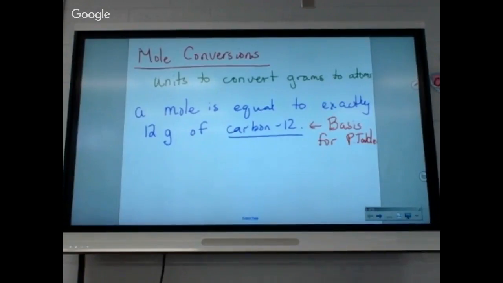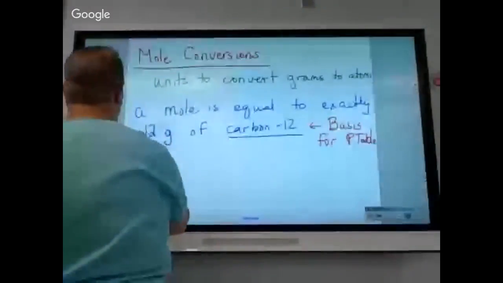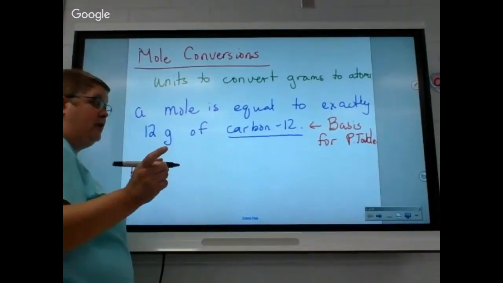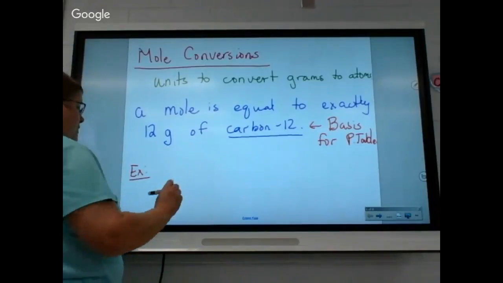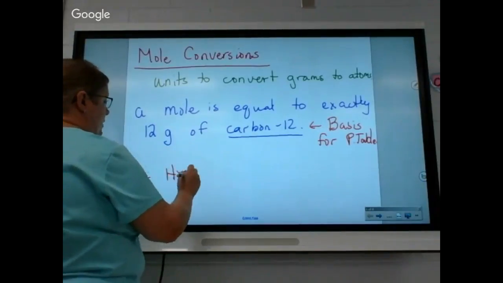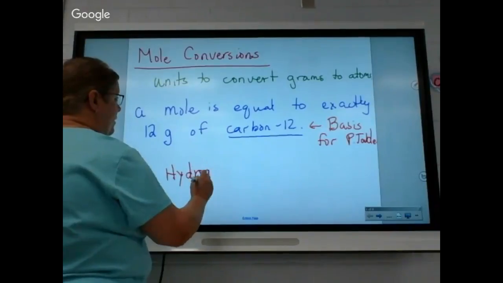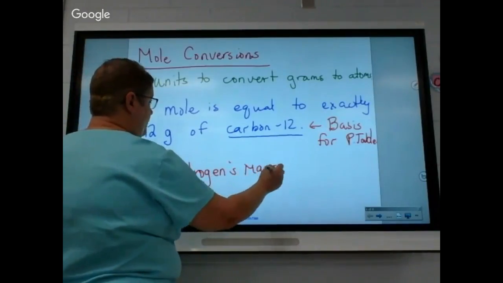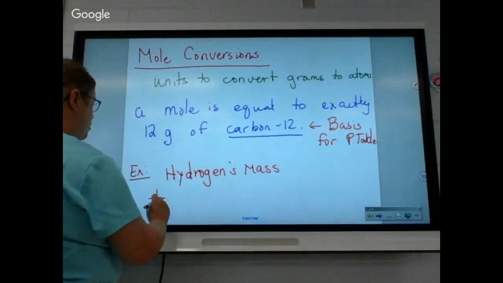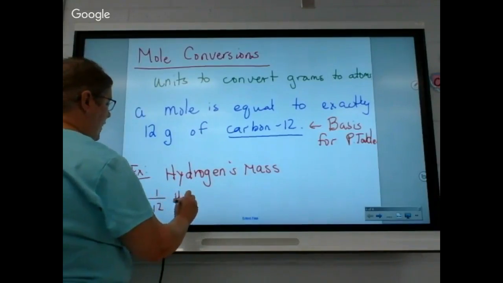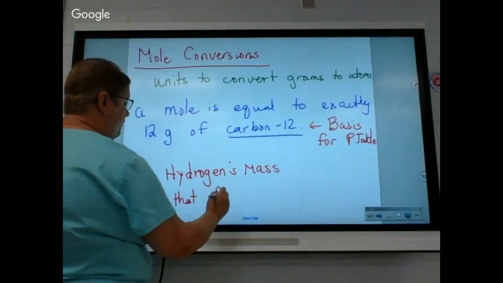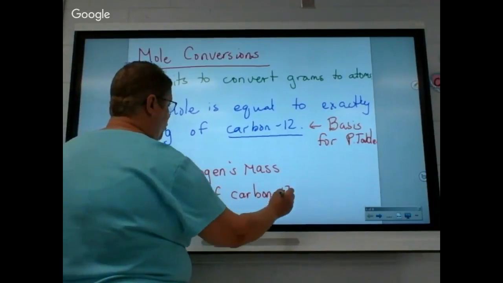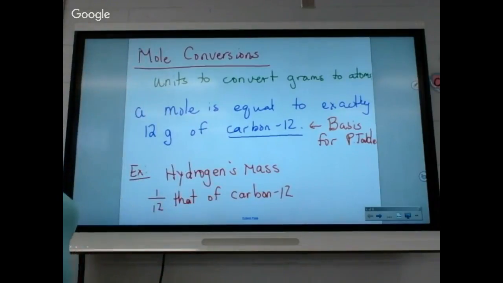So, this is just an example. You're never going to have to do this with any other elements. I'm just giving you an example to explain. If I say that hydrogen's mass is 1/12 that of carbon 12, think math class.